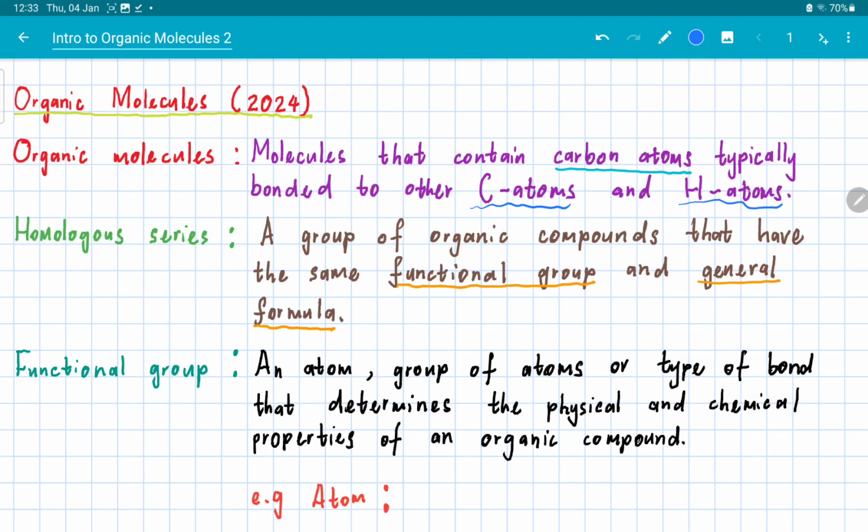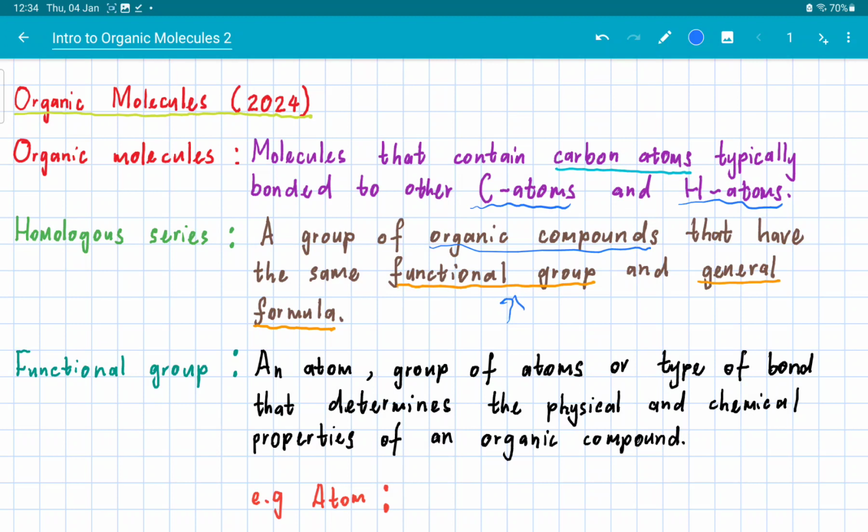Then we ask ourselves, what is a homologous series? A homologous series is a group of organic compounds that have the same functional group and the same general formula. Sometimes the textbook defines it by the same general formula only.